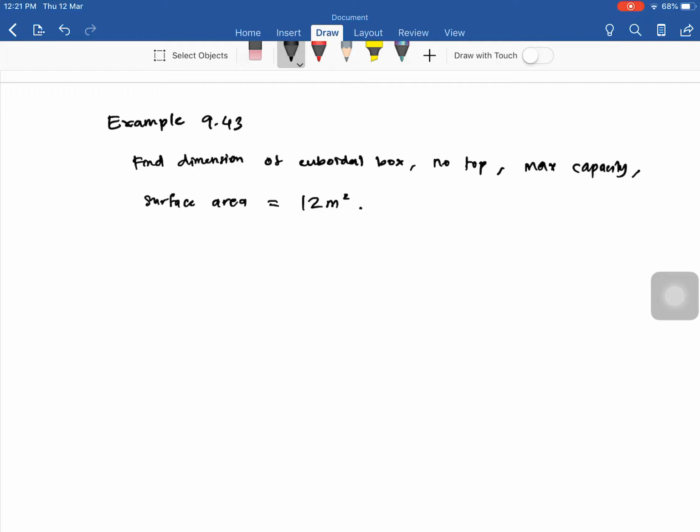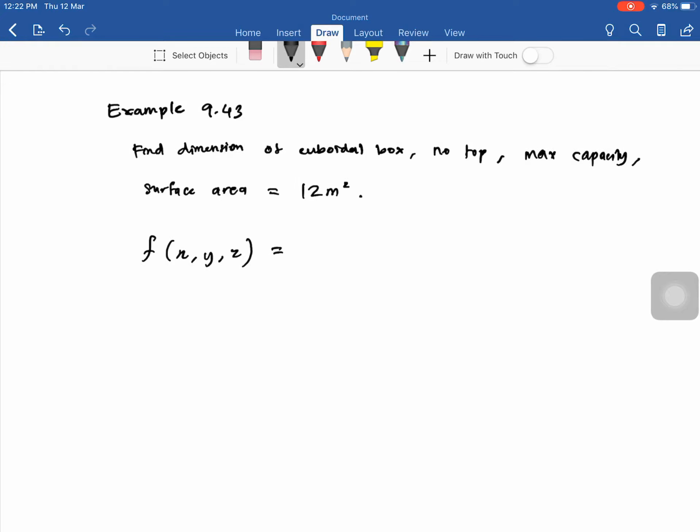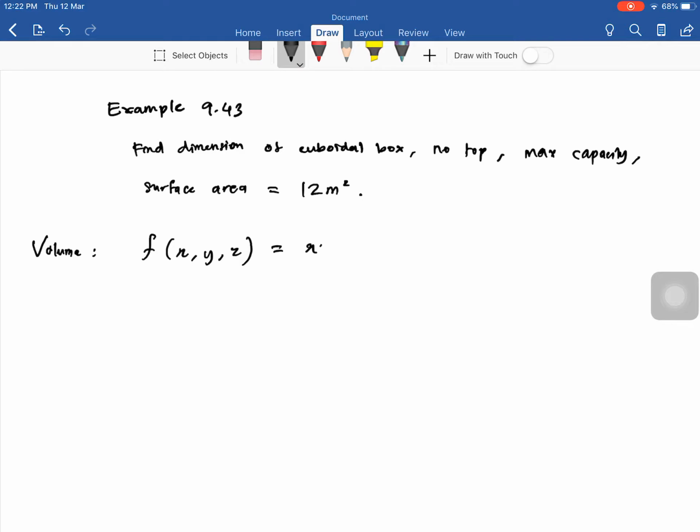So for the main function, for the capacity or volume of the cuboidal box, we put it f(x, y, z). So x, y, z is the side of the cuboidal box. So this one is simple. F is the function of the volume. So the function is xyz.